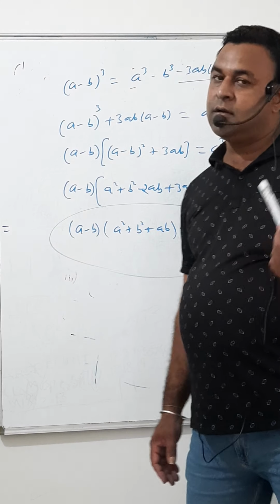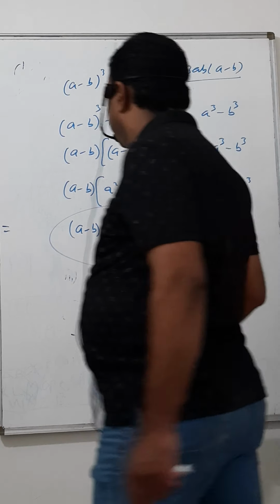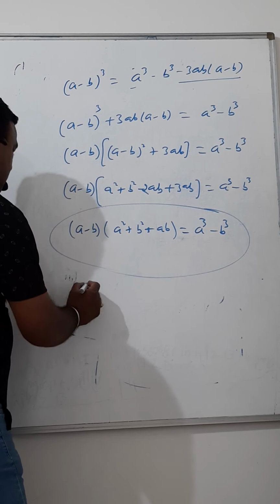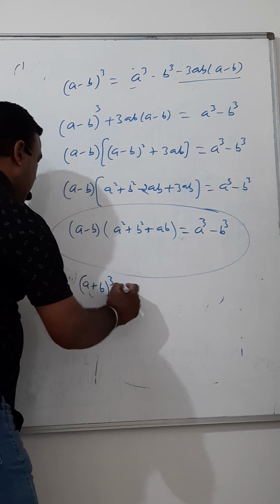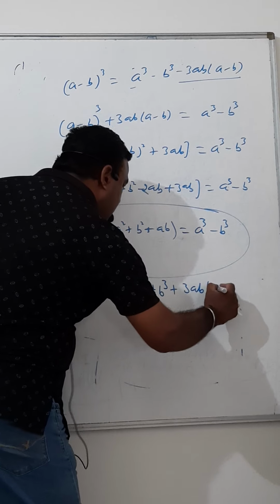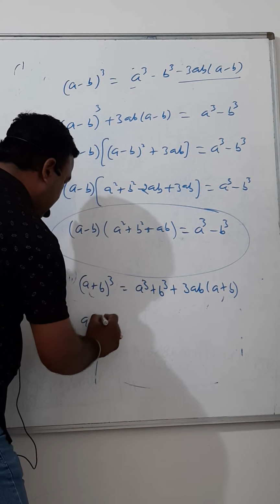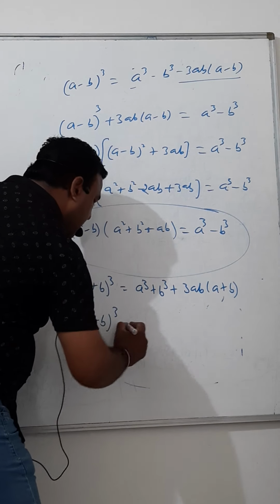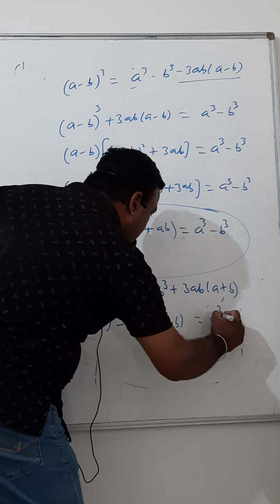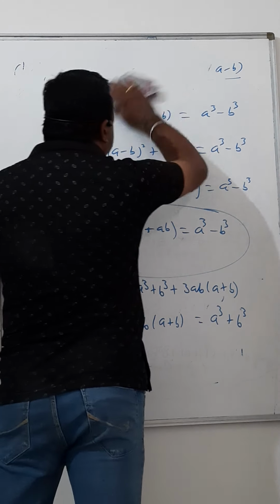In a similar way, we can calculate the factors of a cube plus b cube. For that, what do we do? (a plus b) whole cube is a cube plus b cube plus 3ab(a plus b). I bring this part here: minus 3ab(a plus b) is equal to a cube plus b cube.